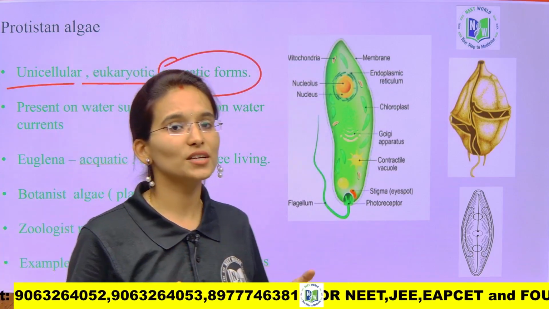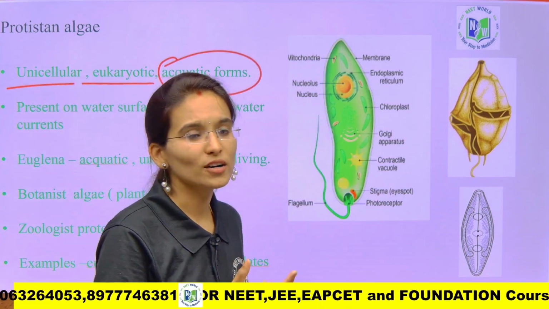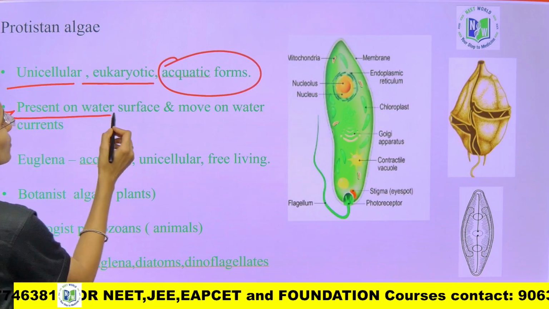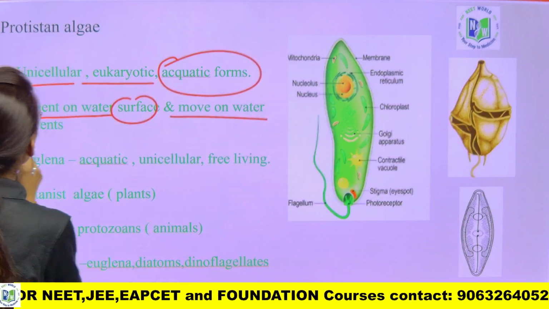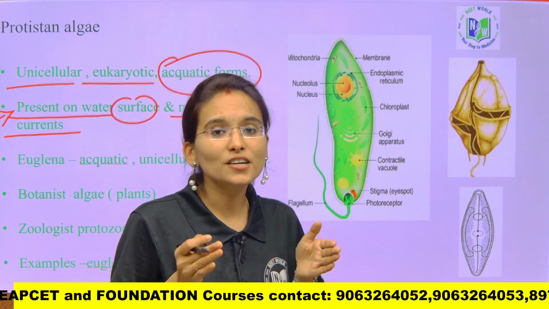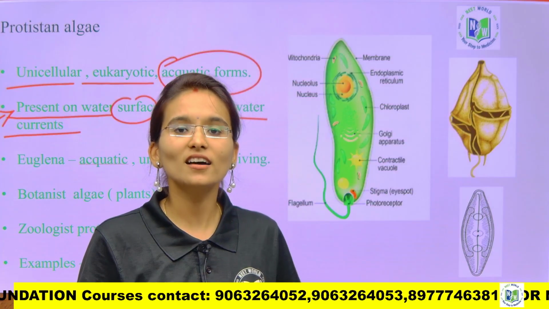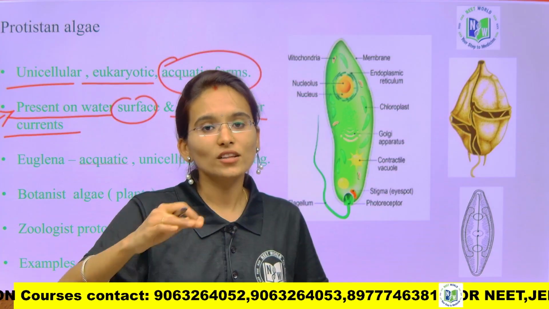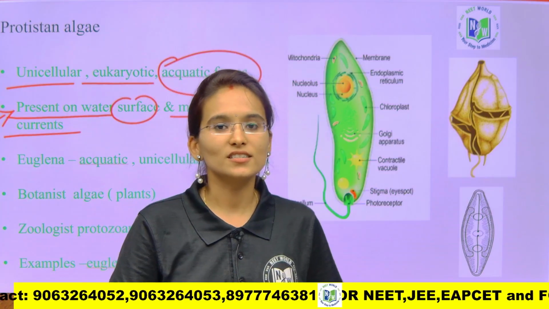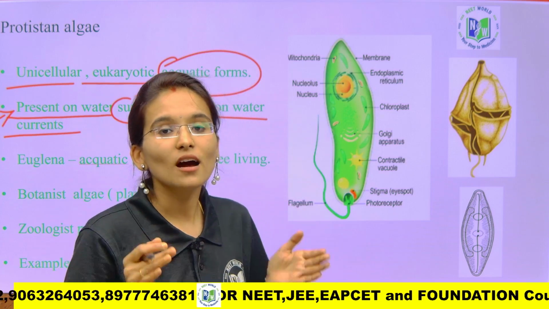These are aquatic forms, which means they are present in the water. They are present on the water surface and move along with the water currents. So these are present abundantly on the surface of the water.